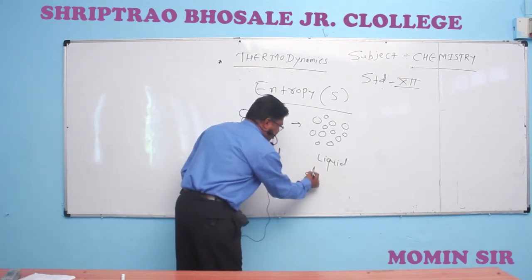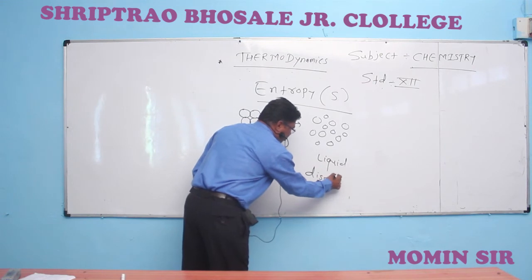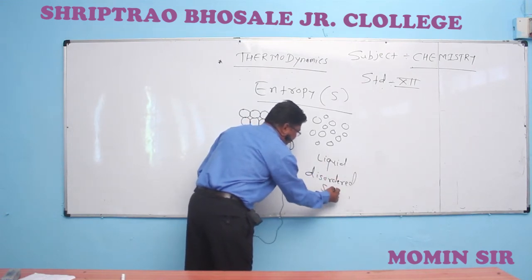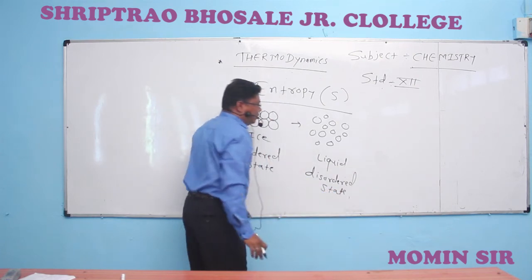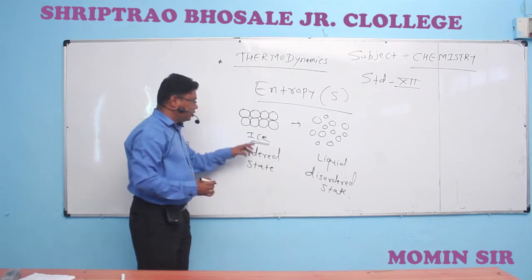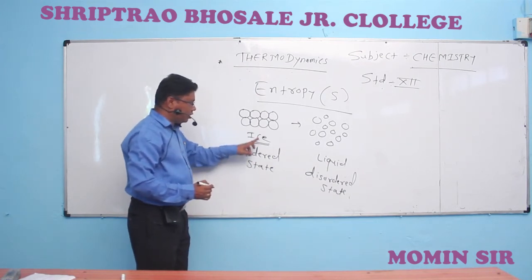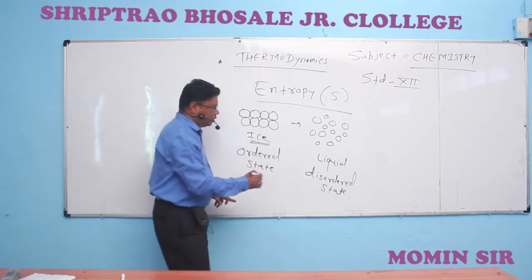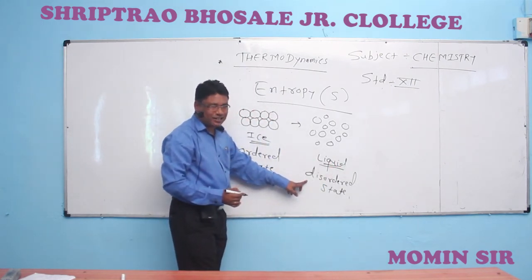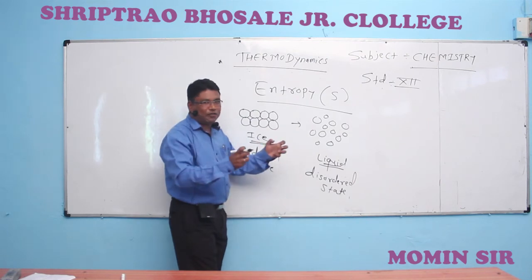This is called a disordered state. Means in solid state, that is ice, the molecules are in ordered state. In liquid state, the disorder increases, means molecules are away from each other.